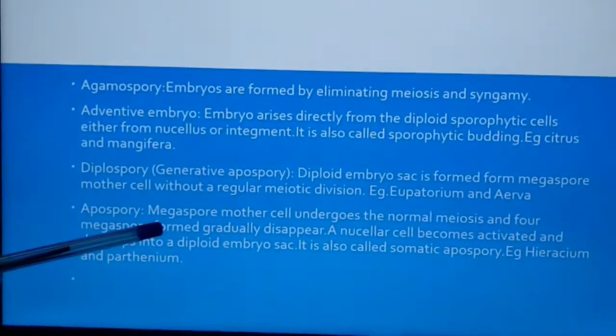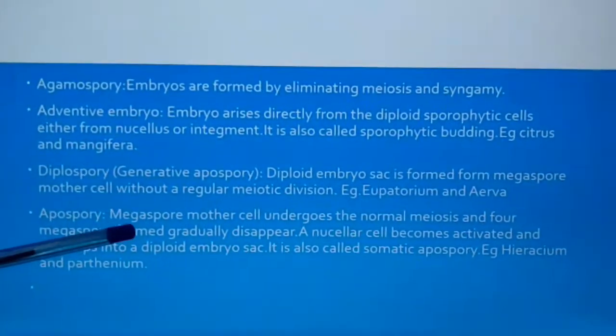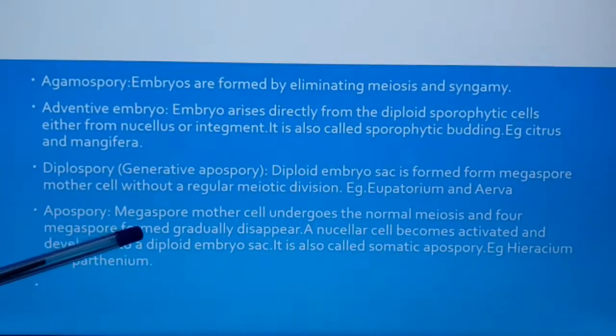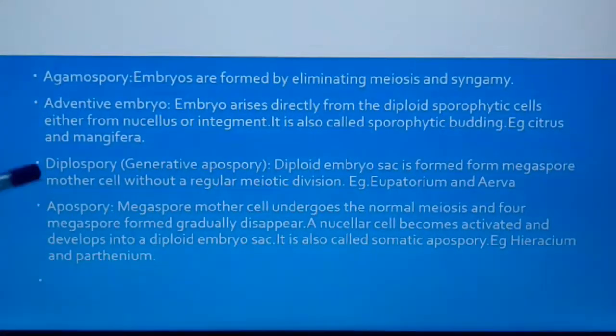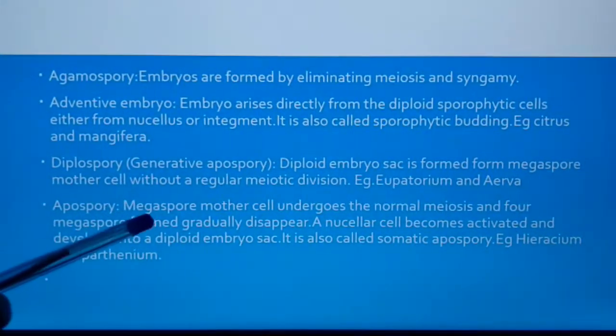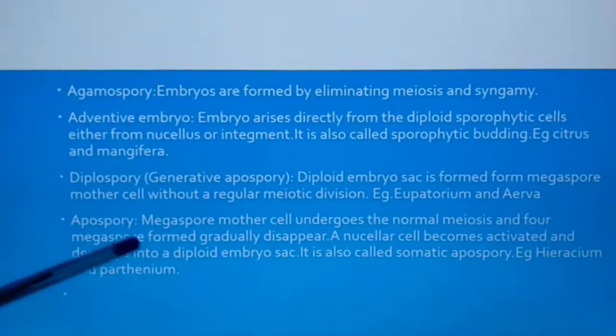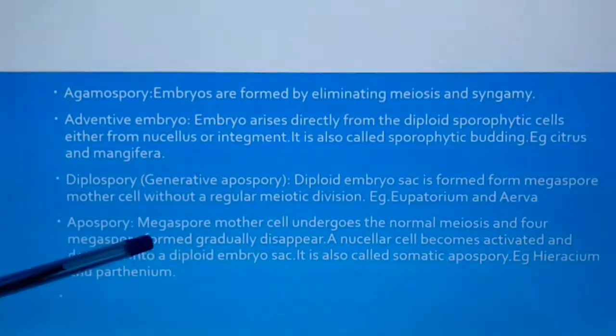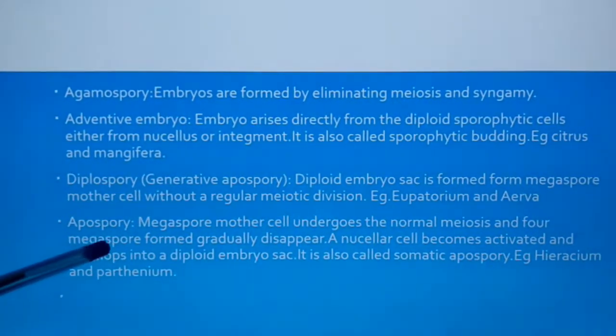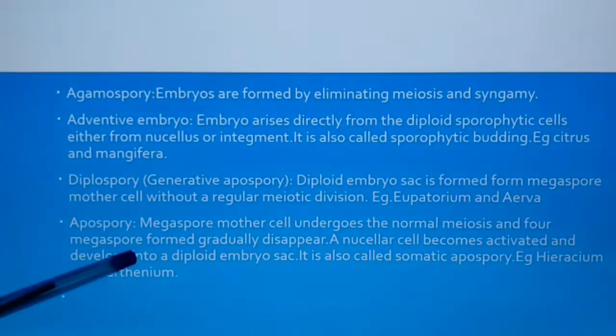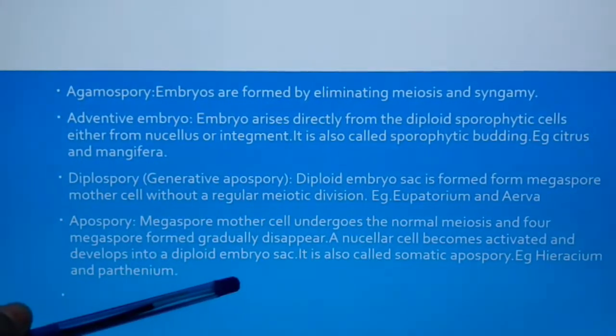In apospory, the megaspore mother cell undergoes normal meiosis and four megaspores are formed, but these gradually disappear. The nucellar cells become activated and develop into a diploid embryo sac.